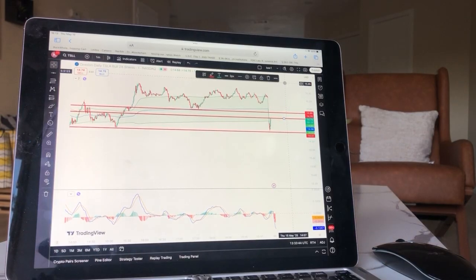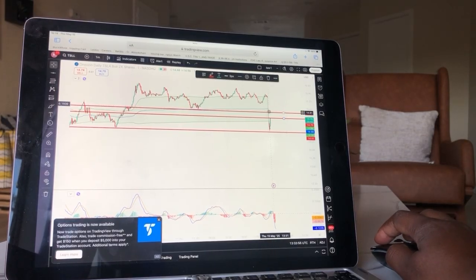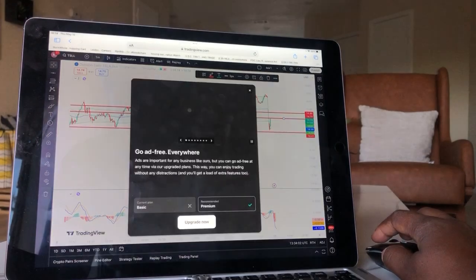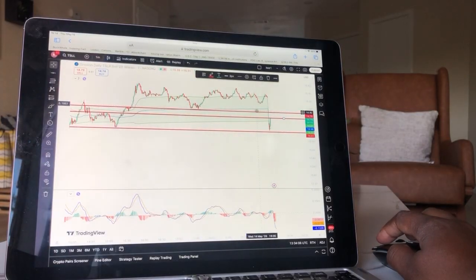I'm just reversing it, you guys, since we started with a gap. So that is your first demand zone. If it breaks through that, then we know we can go up to the second resistance there, right here, right here.